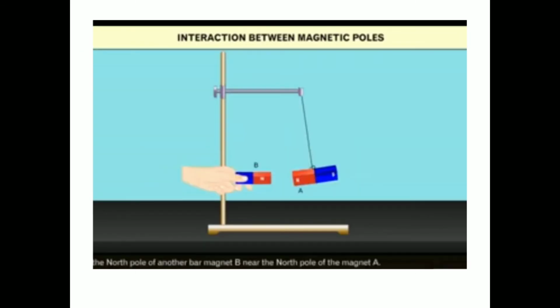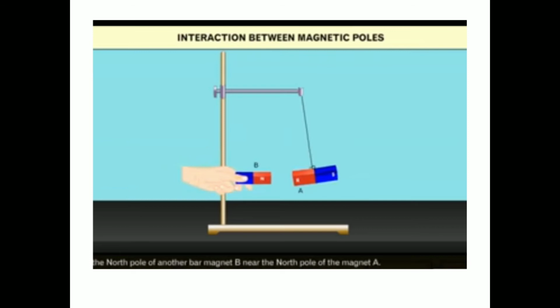Then in this slide you can see two colors in the magnet. One is shown in red and the other is blue. That indicates the north and the south. Suppose the red is indicating the north pole, and the S, that is south, is indicated by the blue color.